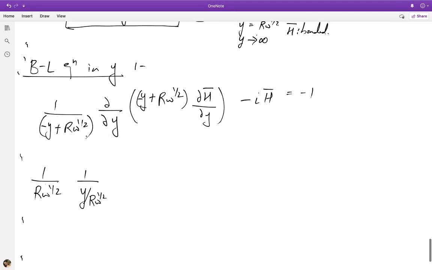Okay, that's fine. And now if I pull this out, I get 1 by Rw to the half, and I get 1 minus y by Rw to the half as a factor. Dou by dou y of, again, I can pull out an Rw to the half from here. And what I get here is 1 minus y by Rw to the half.